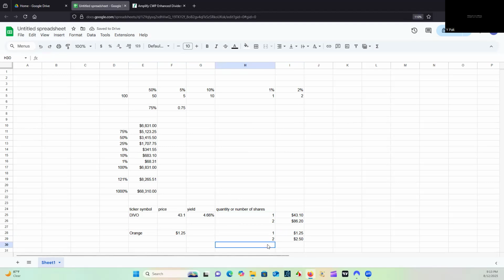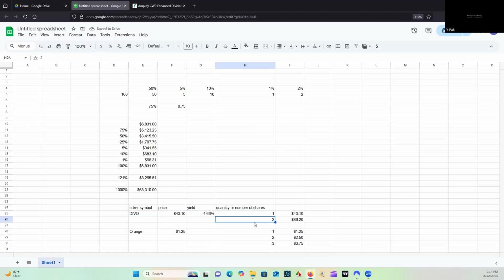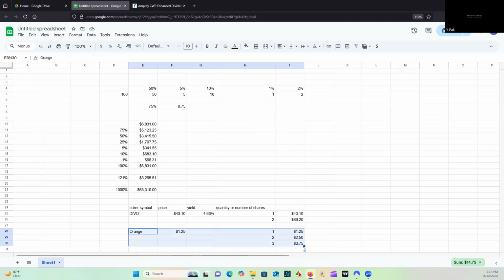If you buy three oranges, it's just three times the price of that one orange, $3.75. That's the same thing for stocks. Pretend this is like the orange, and this is how much one orange costs, $43.10. If you buy two of these, it's going to be $86.20, and so on and so forth. Okay. Got that? All right.